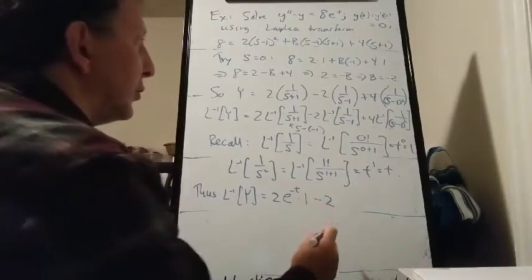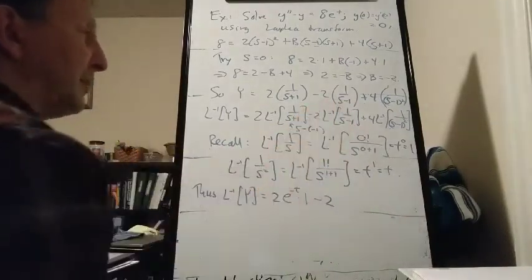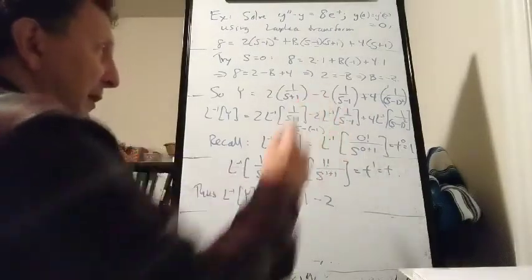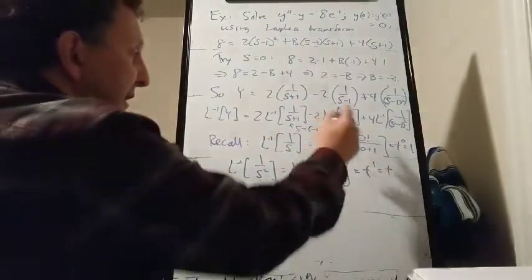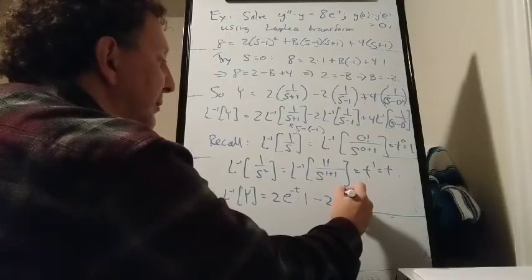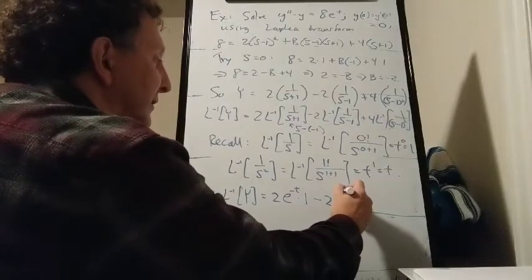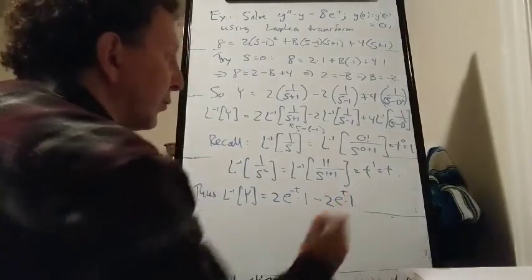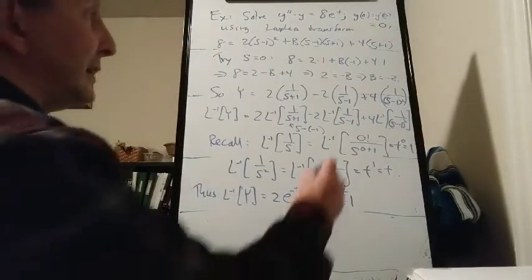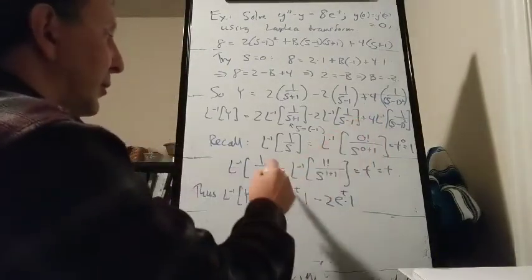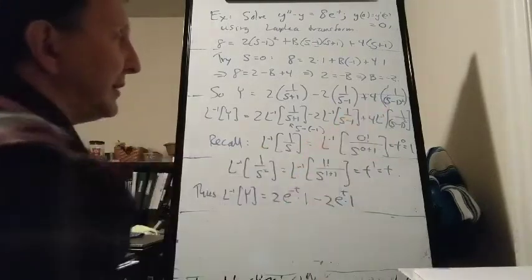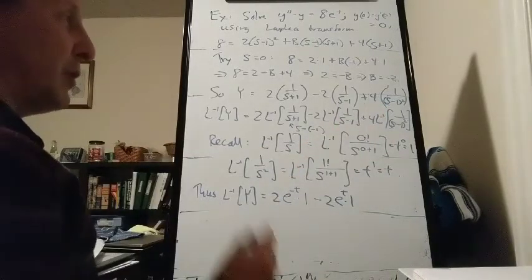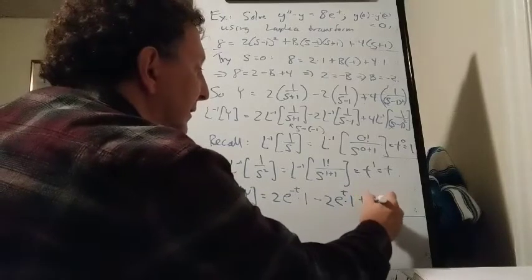So minus 2, 1 over s basically, except we see an s minus 1 where we expected to see an s. Because of the s minus 1, we multiply by e to the t before we write 1. And here we have basically 1 over s squared, except we see s minus 1 where we expected to see an s.